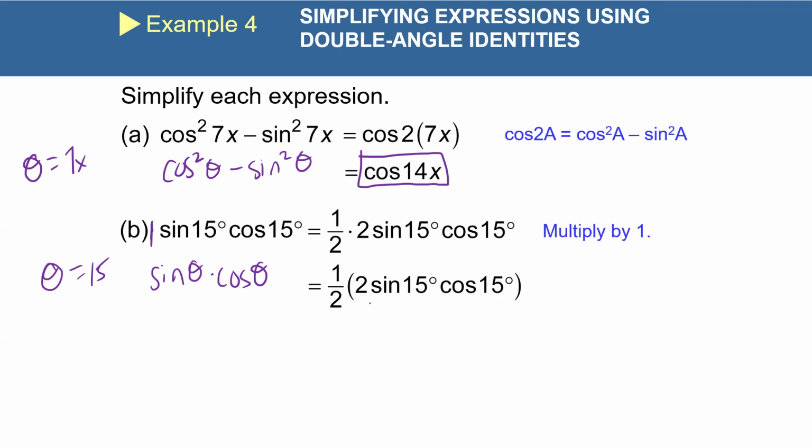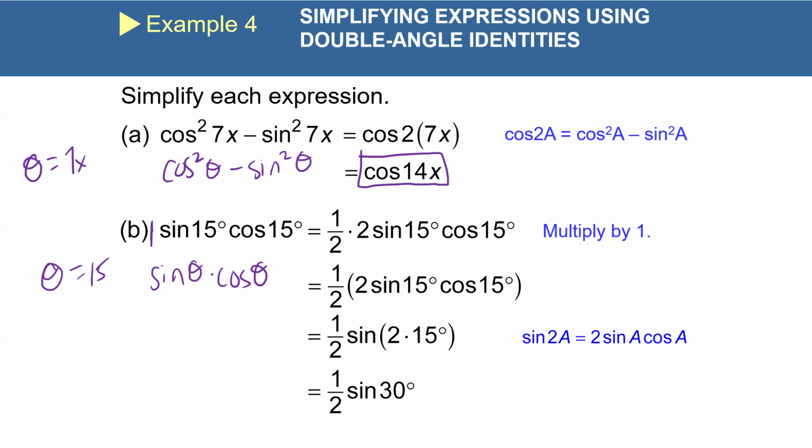And this rule says that if I have 2 sine 15 times cosine of 15, I can substitute it down to sine 2A. And what is 2 times 15? 30. So now we're at 1/2 sine of 30.